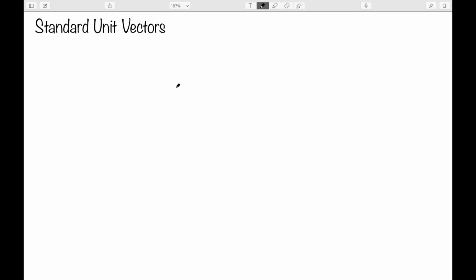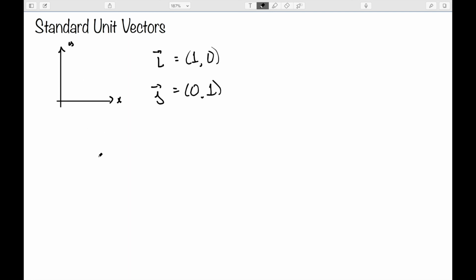And I want to look at defining the standard unit vectors. So the standard unit vectors correspond to the directions of the coordinate axes. So if I think in 2 dimensions, I want a vector going out in this x direction, a vector going out in the y direction. We refer to these as i and j. i is going to be 1, 0, corresponding to the x-axis. j will be 0, 1, corresponding to the y-axis.